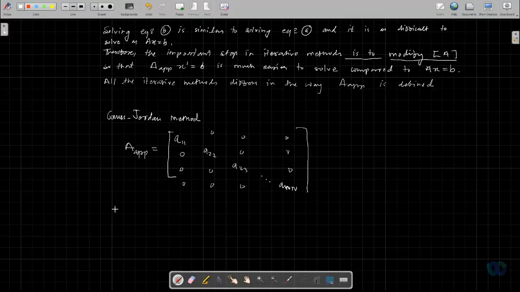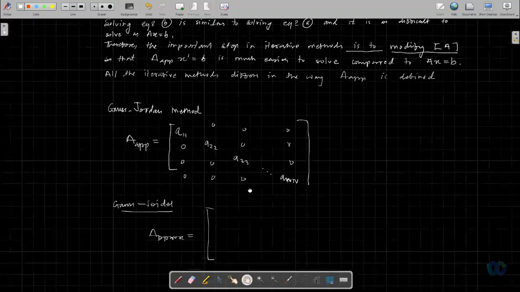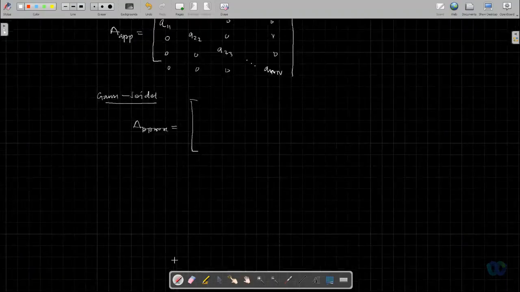And in case of the Gauss-Seidel method, our A approximation was the lower triangular matrix. So A11, A21, A22, these things were there. Similarly, AN1 and the rest of the terms up to ANN.